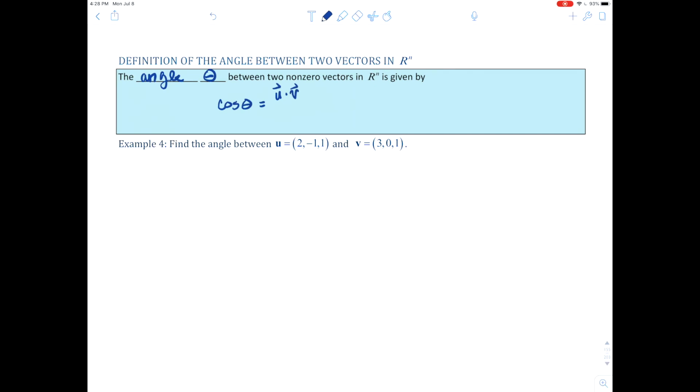U dot v divided by the magnitude of v times the magnitude of u. Cool, cool? And then you have to think about, well, what can theta be bound between, right?